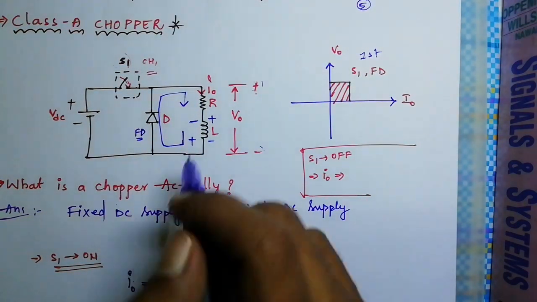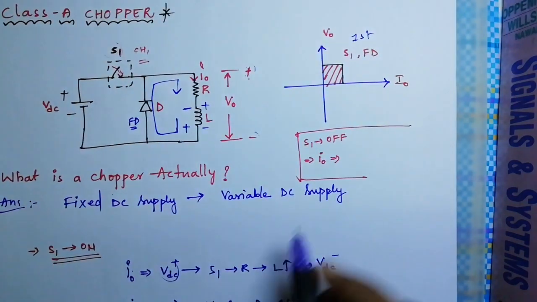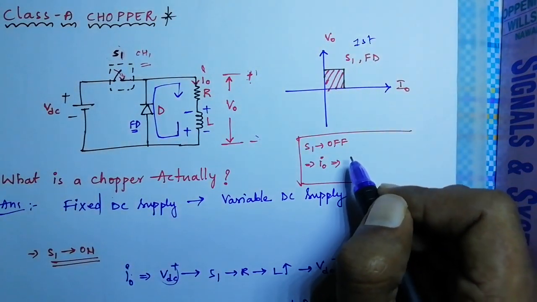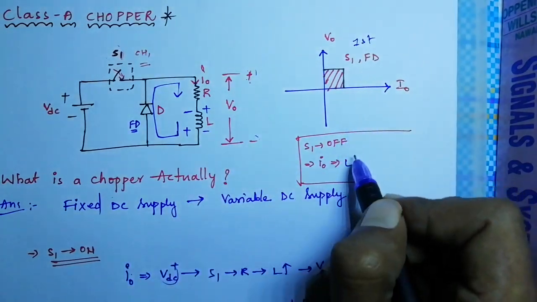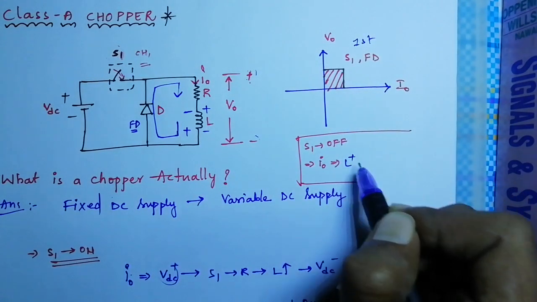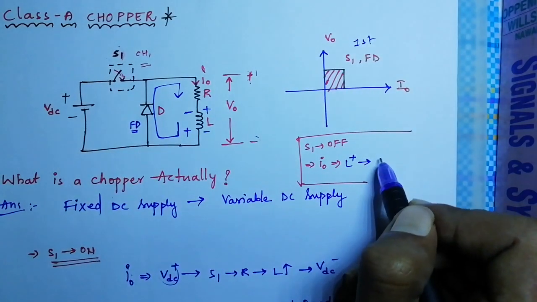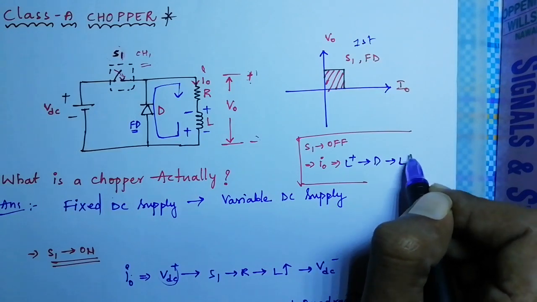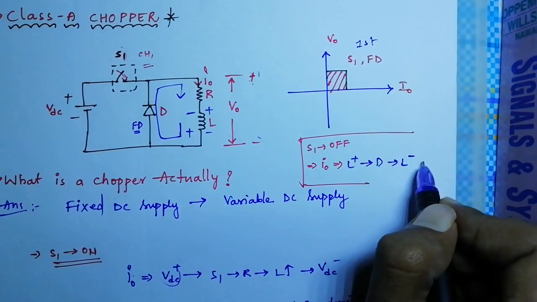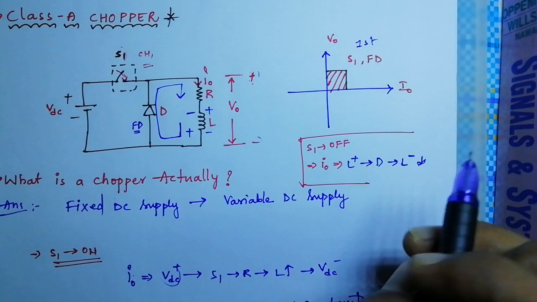You can see that the current direction is from L, coming out from the positive terminal, going to diode D1, and from there coming back to the source. In this way the inductor is finally discharged.